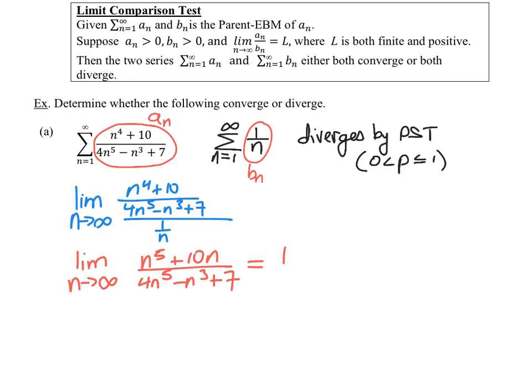If you were unable to do that, so if you multiplied by the reciprocal of your end behavior model and got a larger degree on the top than the bottom, then that's an infinite case. Or if you got something smaller somehow, then that would be 0, which is not a positive number. That would be the case where this would fail, and you'd have to do something else. But this ends up being 1/4, which is finite and positive.